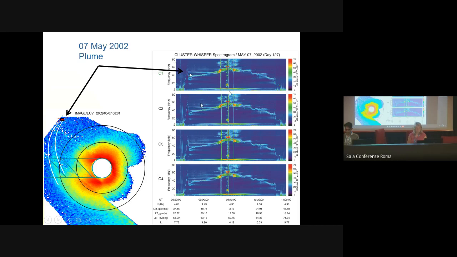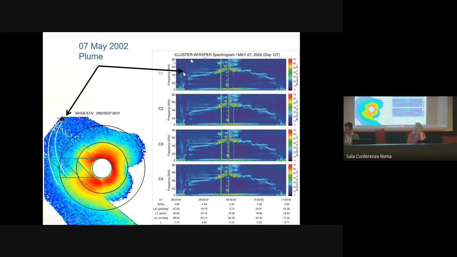And the clear blue line here corresponds to this frequency that is directly related to the number density of the electrons. And this is the number density of the electrons along the orbit of the satellite. When you have a sharp decrease like this, it corresponds to the plasmapause. This is the number density inside the plasmasphere.